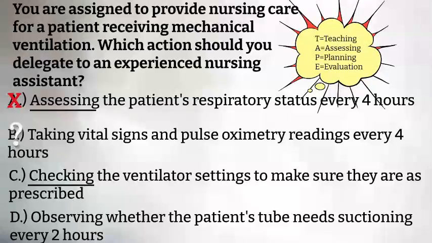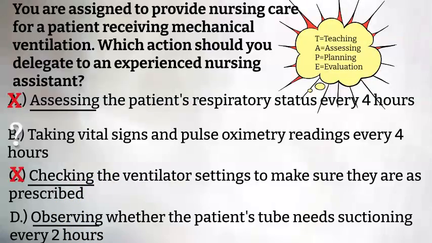Assistive personnel typically are not interpreting physicians' orders. Instead, they're performing appropriate interventions that have been developed in the nursing care plan and delegated to them. And for those reasons, we can rule this one out.